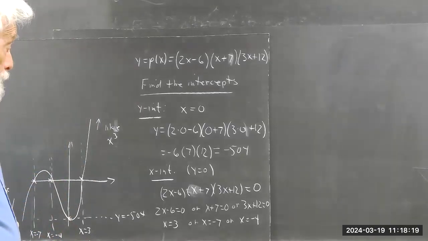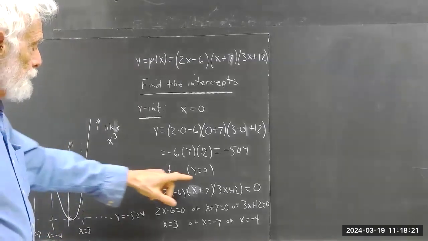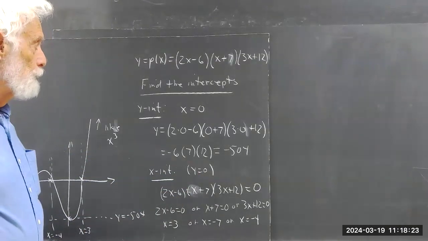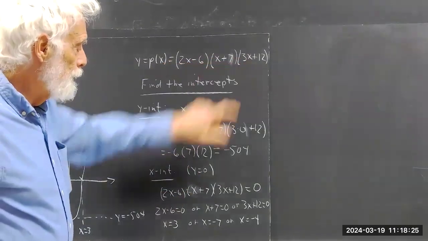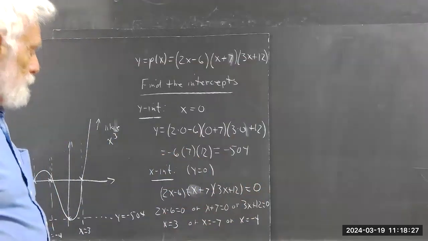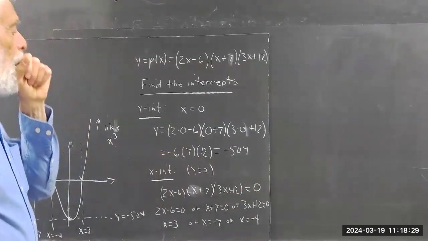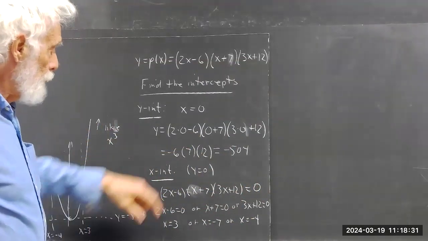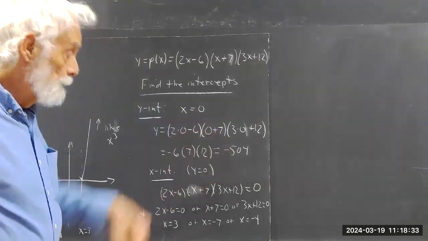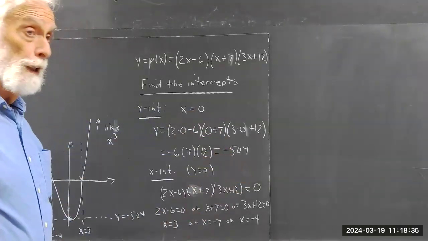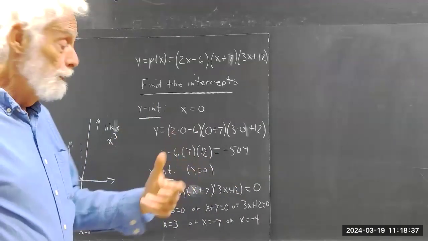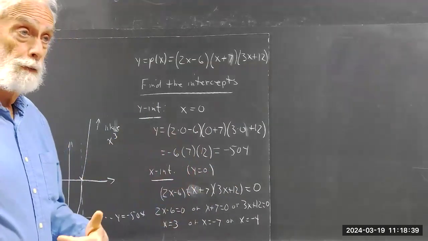What about x-intercepts? Well, x-intercept means y equals 0, so we write out this thing equal to 0, and then find the solutions. You got 3 factors multiplied here that multiply out to 0. The only way you can get 0 is for one of the factors to be 0.